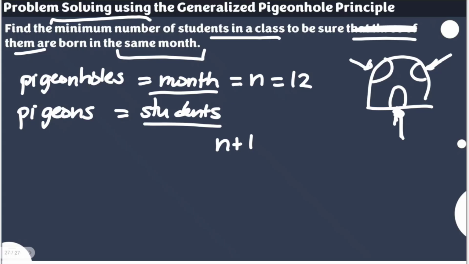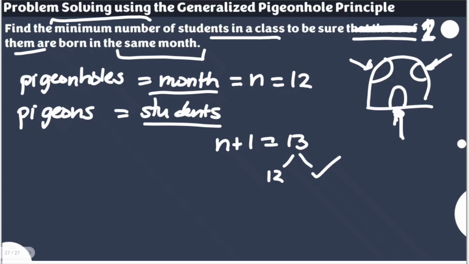If we're talking about at least two of them, we just need at least 13 students, such that 2 of them will have the same birth month. Because in case the first 12 are distributed well from January to December, it would be the 13th student who will meet the standard of having at least 2. So that would be for the original pigeonhole principle.